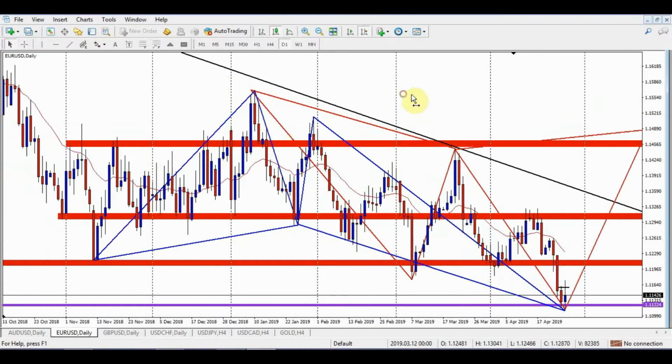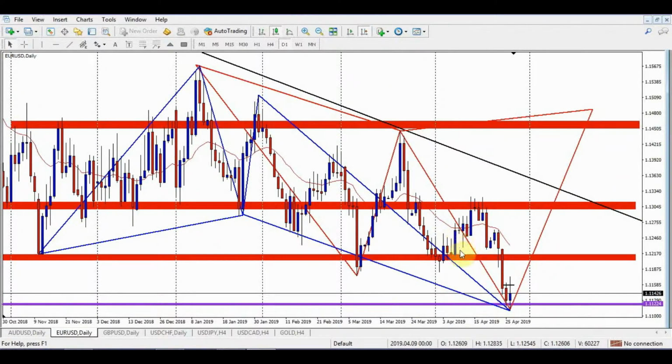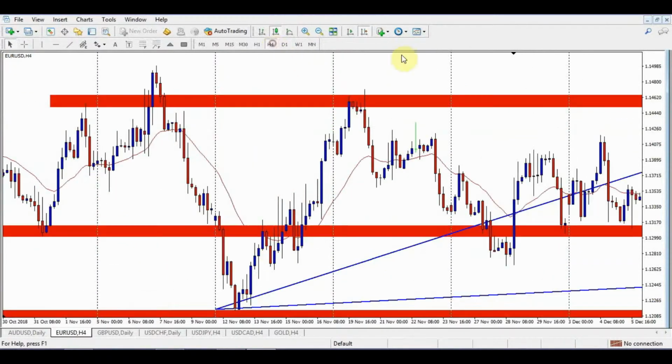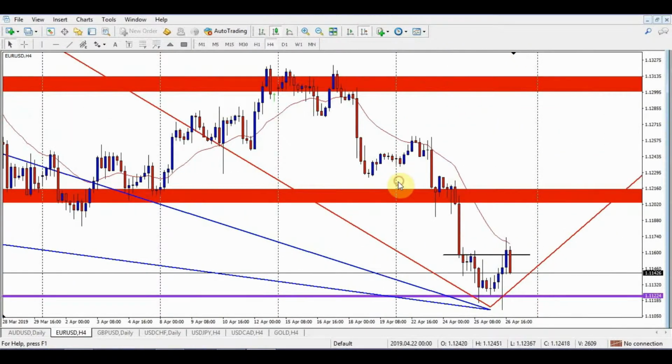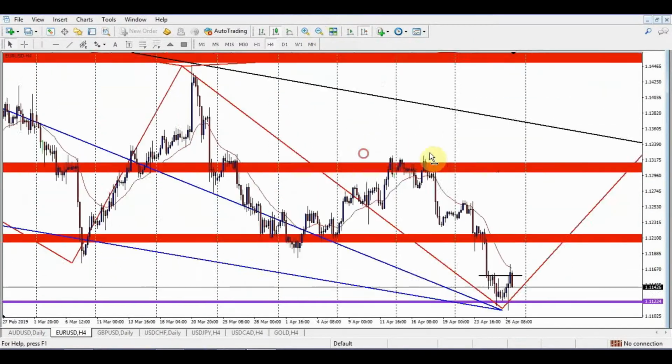Euro USD. Last week, let me jump to the 4 hour, I believe we were somewhere about this point here when I said this is the 61.8 level of this move.